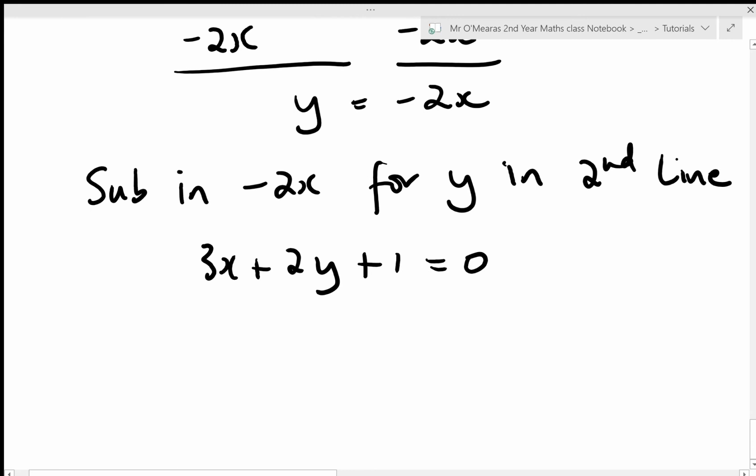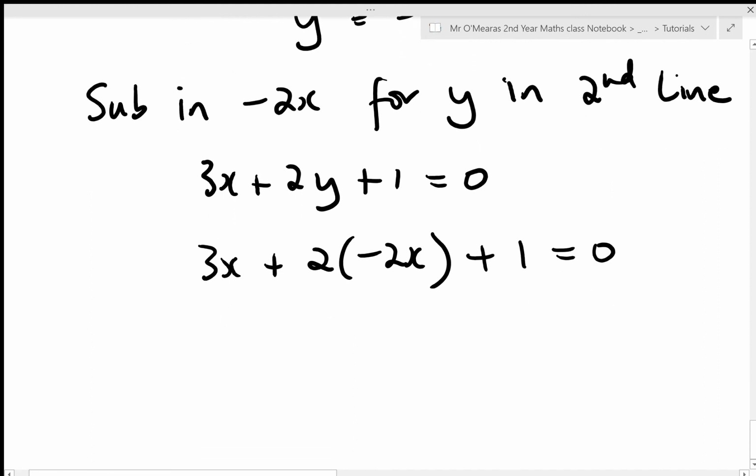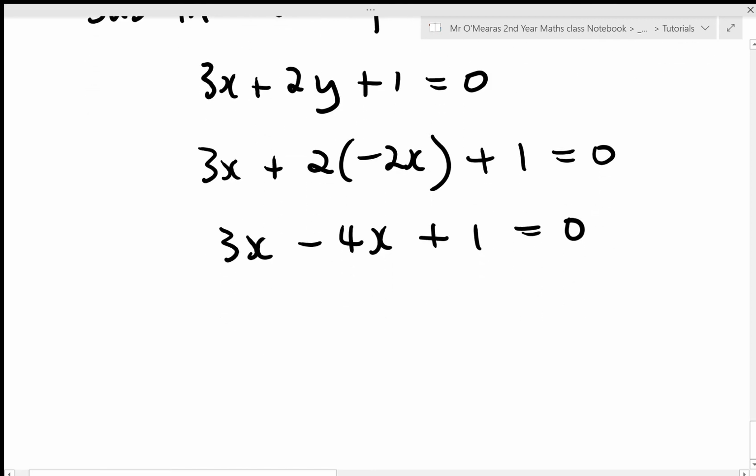We're going to take minus 2x and put it in there instead of y. 3x plus 2 times minus 2x, so out goes the y and in goes the minus 2x, plus 1 equals 0. So we end up with 3x minus 4x plus 1 equals 0. Again we have like terms there, 3x minus 4x is minus 1x, plus 1 equals 0.